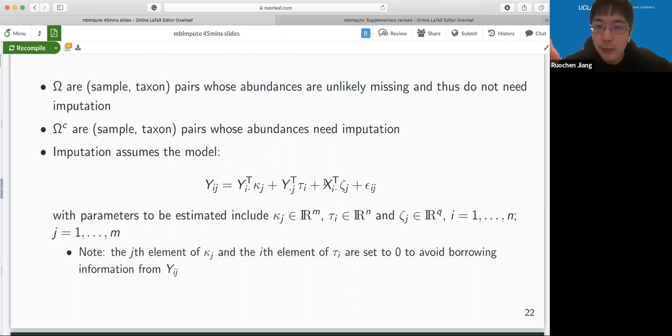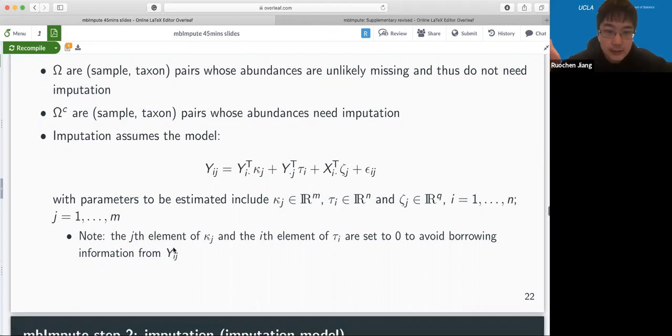We also want to borrow the covariate information. If you recall the second matrix that contains the BMI and the gender of the samples, we want to leverage that information too. And we add epsilon, a Gaussian or normal random noise. So basically this term will follow the normal distribution.